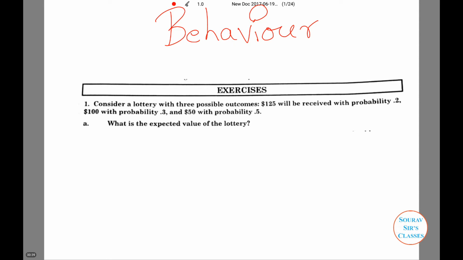Expected value, which we determine here as EV of the lottery, is equal to the sum of the returns weighted by the probabilities.